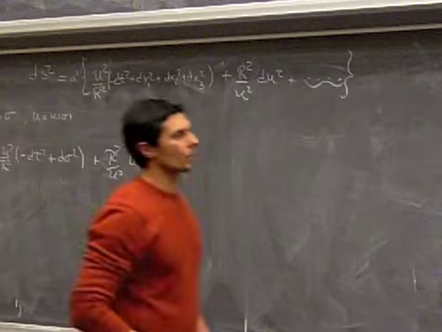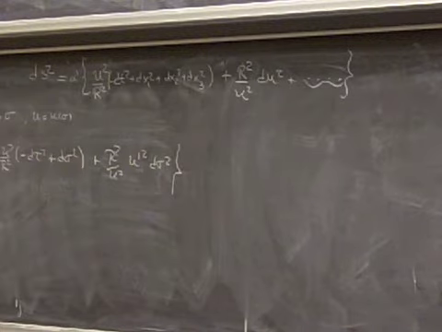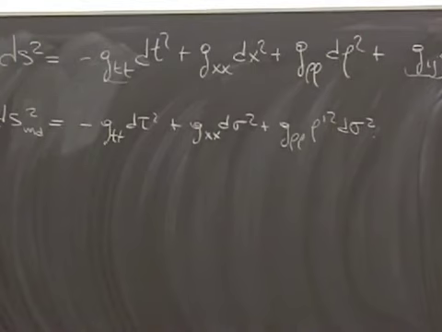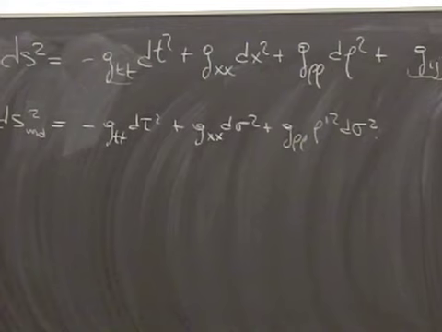In this case, it's going to be something like this. The only thing that I'm saying is that rho is a function of sigma and that u is a function of sigma explicitly.